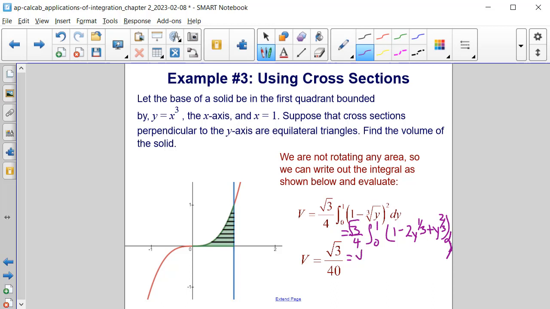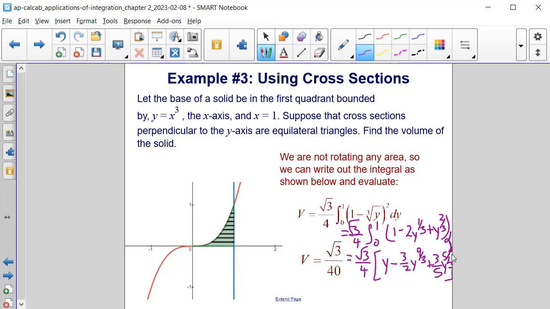So that's going to be the square root of 3 over 4 times, when we integrate this, we will end up having y minus y to the 4/3, and we have to multiply 2 times 3/4, which is 3/2. Plus, we'll have y to the 5/3, so we need to have 3/5 out in front.